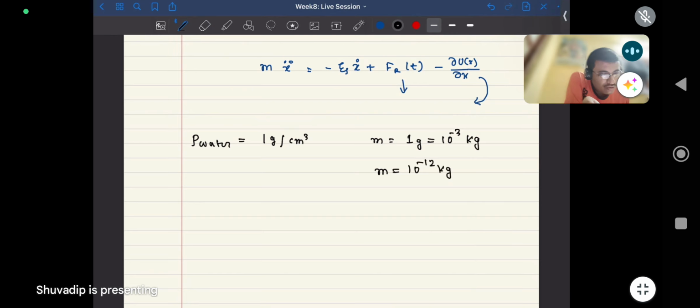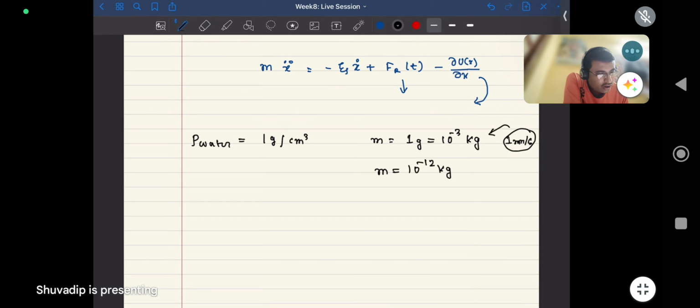Now if you calculate the velocity of these two particles at the same temperature, you will see in one case you will get a velocity which is very small, like 1 nanometer per second or something like that, which is negligible for this kind of massive object.